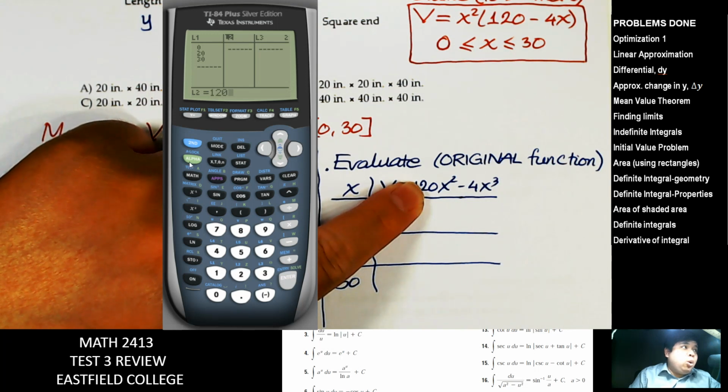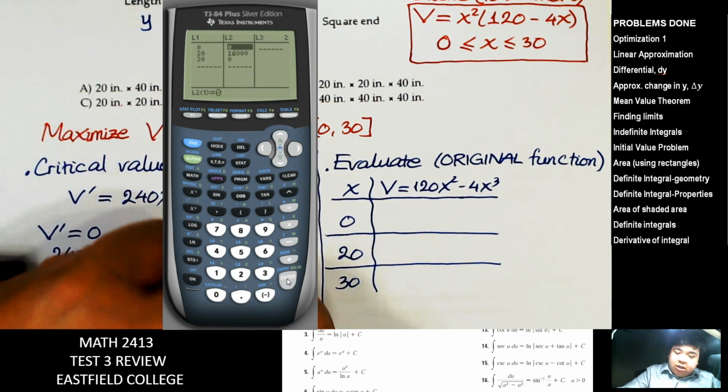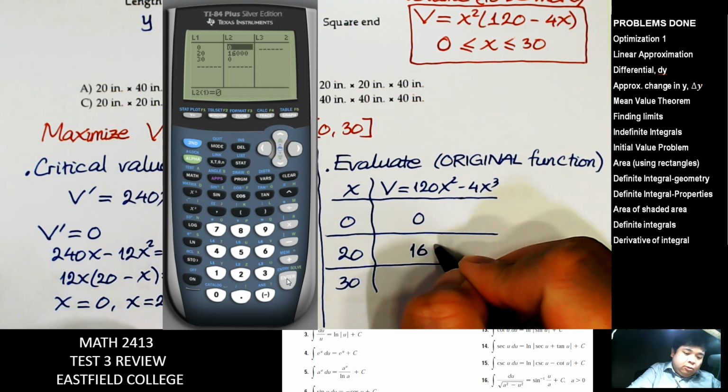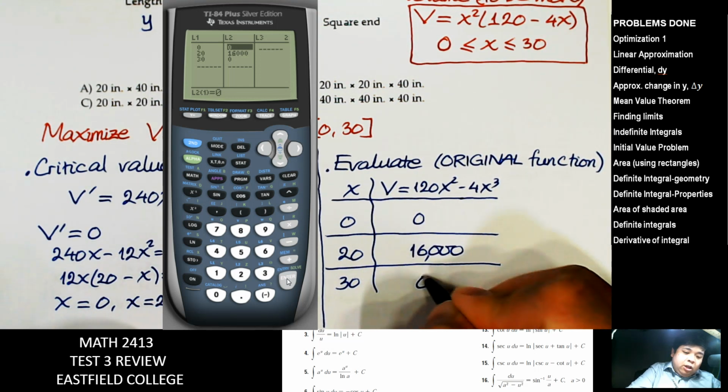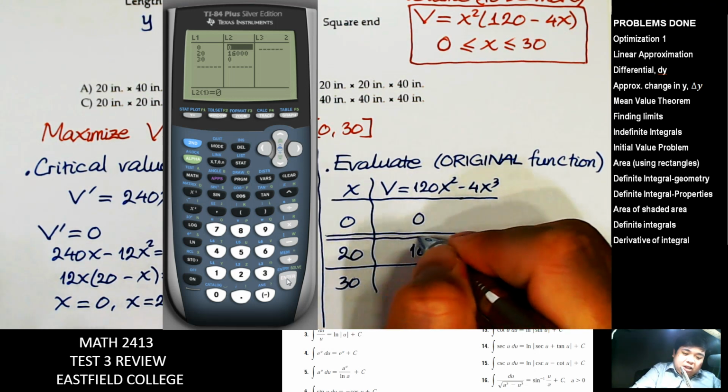Instead of x, we use L1, so L1 squared minus 4 L1 cubed, and we have that. And obviously this is going to be a max. The max is here.